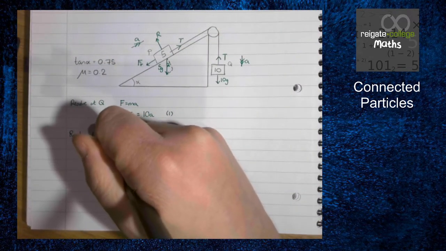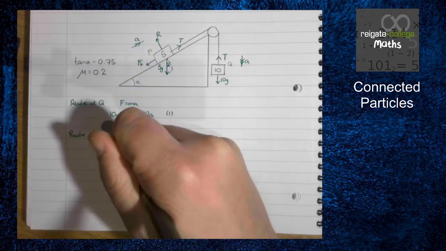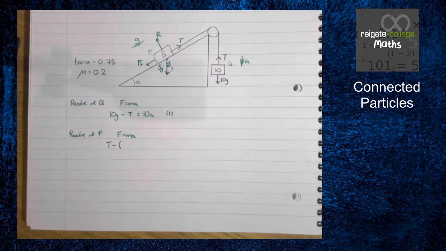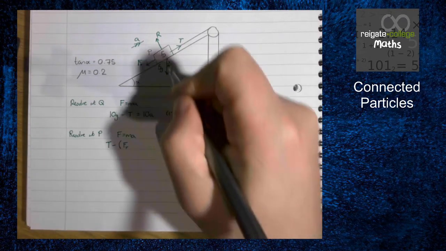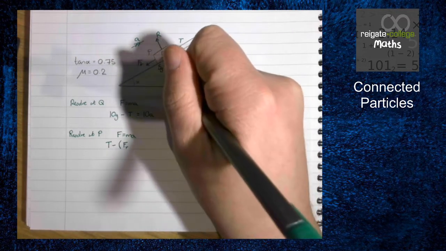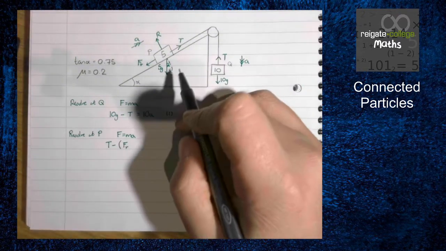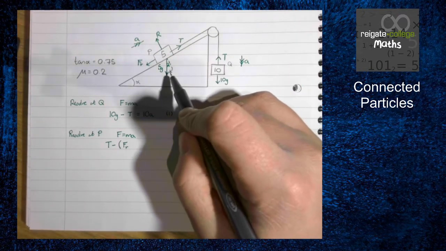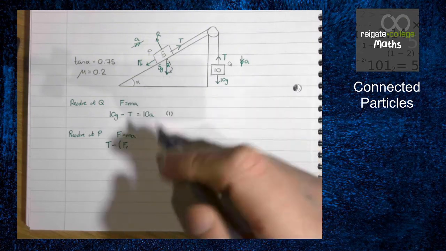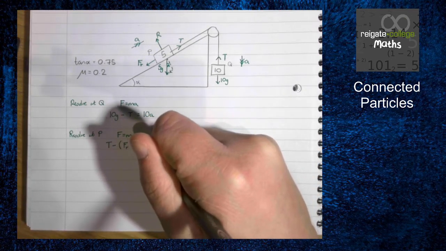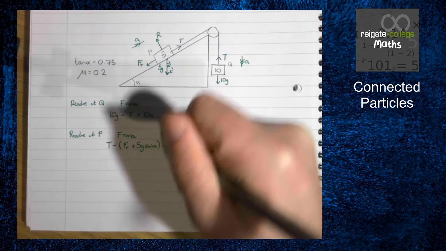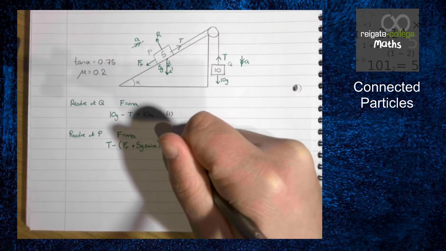So we know tension minus... What are the forces going the other way? Well, one of them is friction, and the other is this component of the weight, which we know is 5g sine alpha, because it's opposite. And we know that's going to be equal to 5 times a.